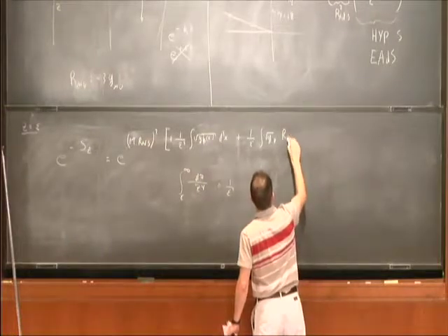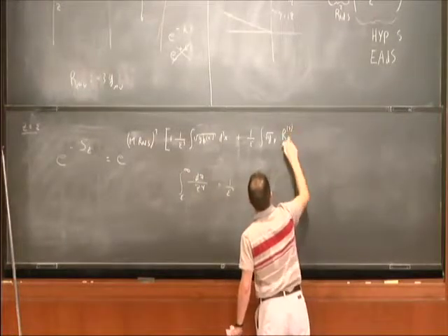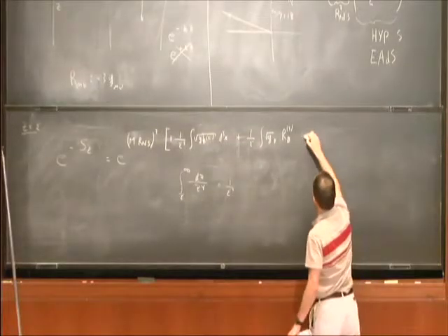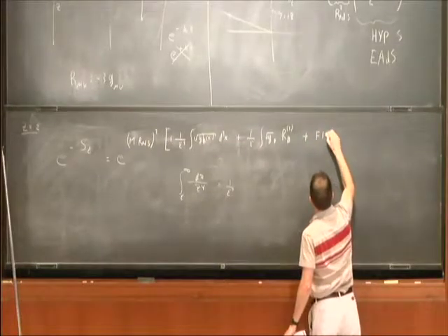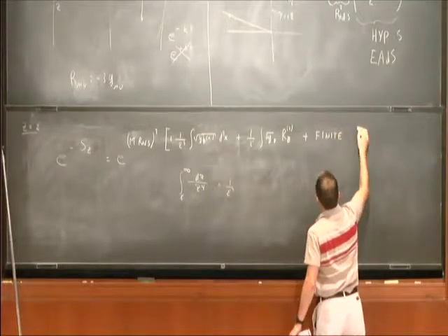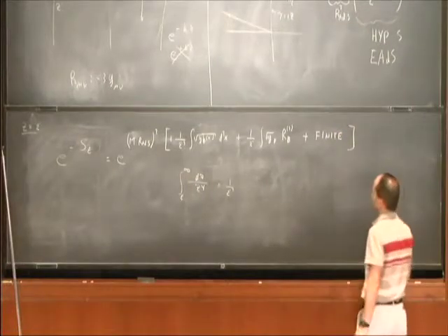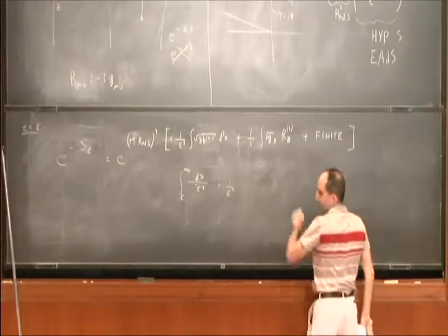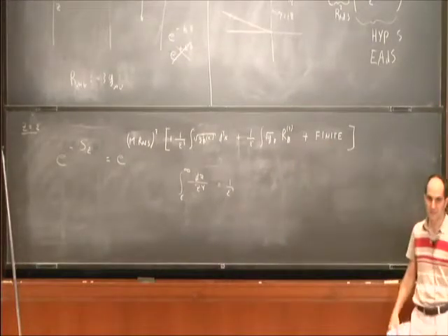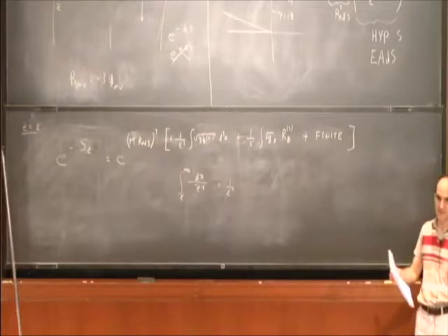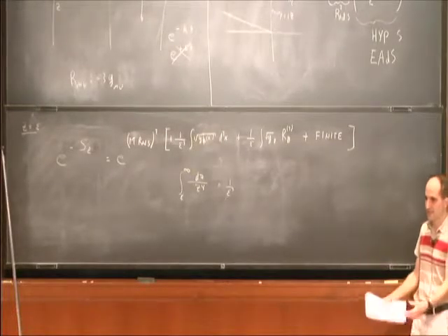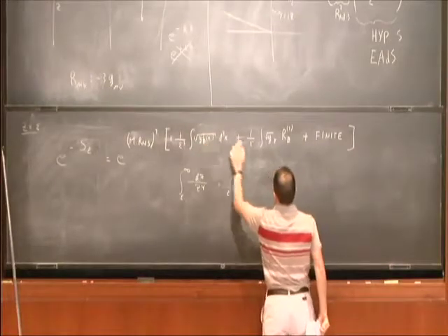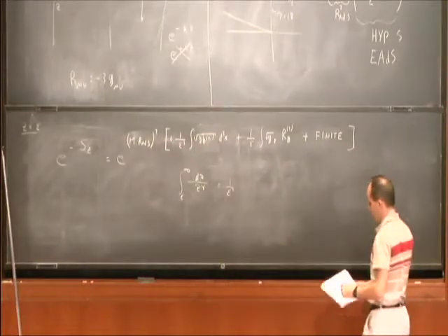So this is the curvature of the 3-dimensional boundary. So there are these two terms. And then there is a finite piece. Now, the finite piece cannot be written as a simple function of the boundary metric. In order to calculate or find it, you really need to solve the whole problem. And it's a non-local function of the boundary metric. So these other two are completely local functions of the boundary metric.